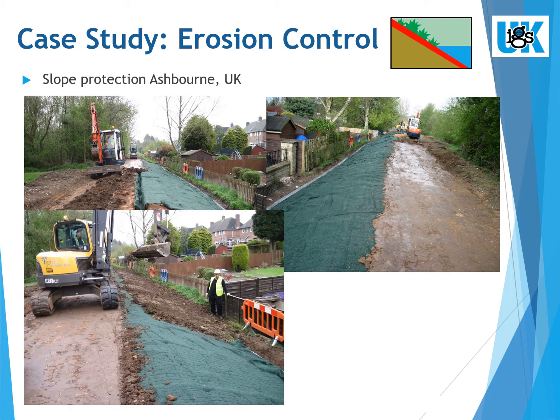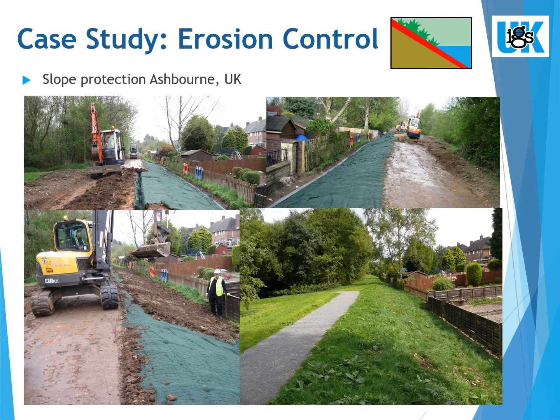In this case, topsoil was installed beneath and above the erosion control mat, and the topsoil above was seeded with the specific type of vegetation selected for this project. The construction of the footpath and the installation of the erosion control mat was done in May, and the vegetation was fully established in September, as you can see in the last picture.